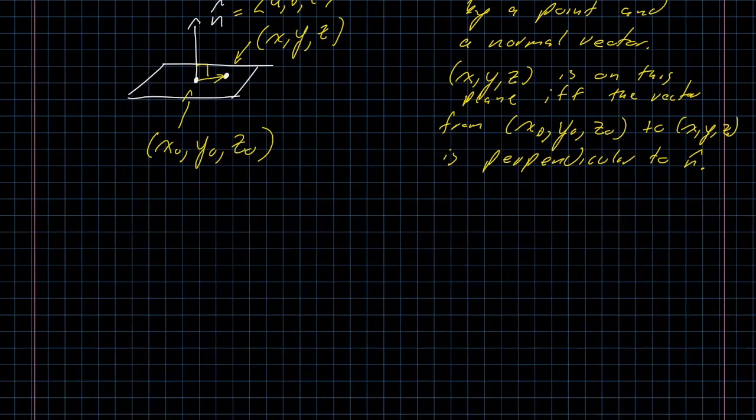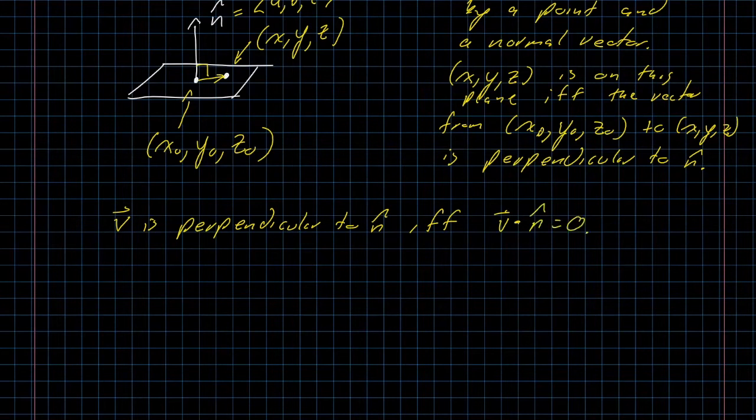And so thinking back, we know that two vectors are perpendicular if and only if their dot product is equal to 0. That's why the dot product was so useful in the first place.